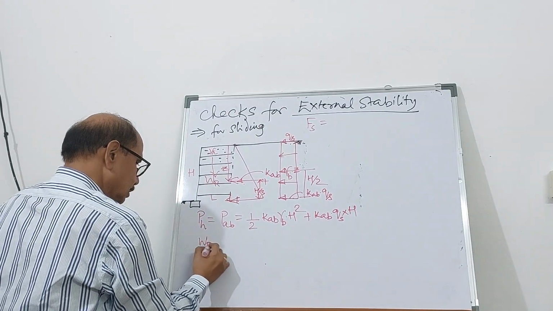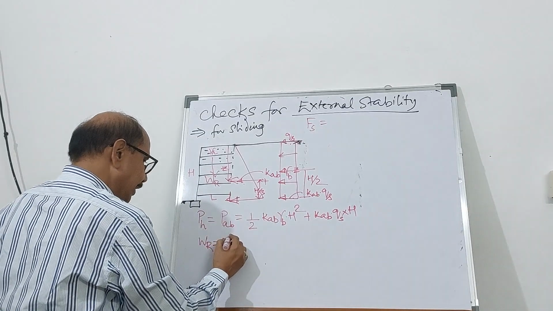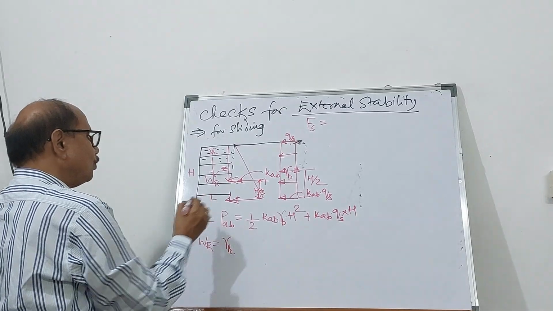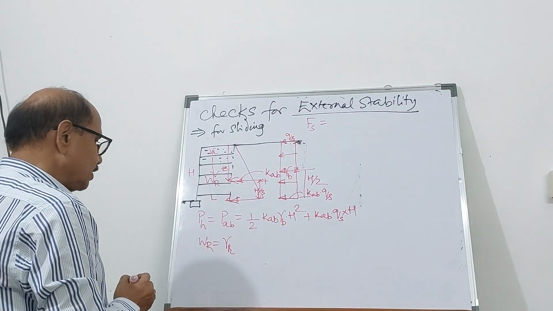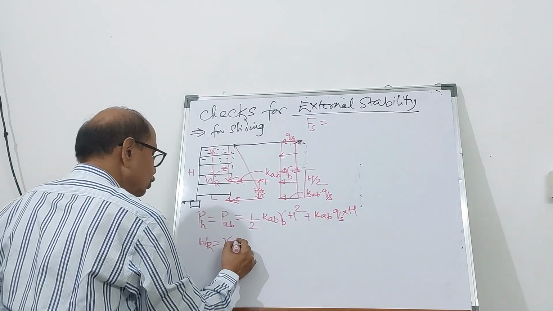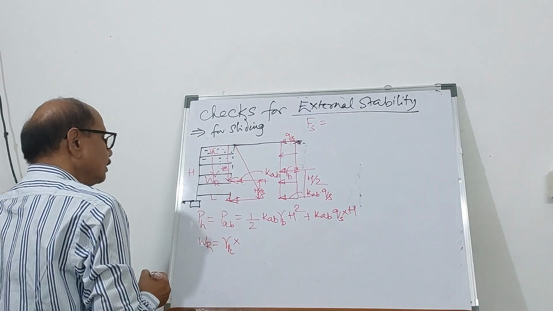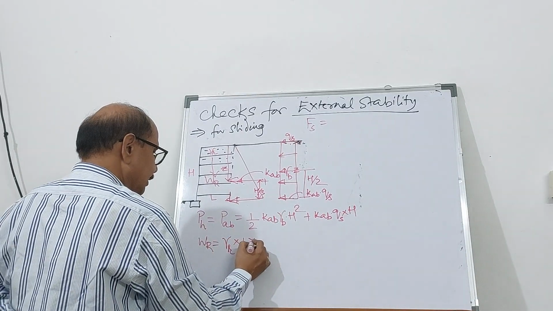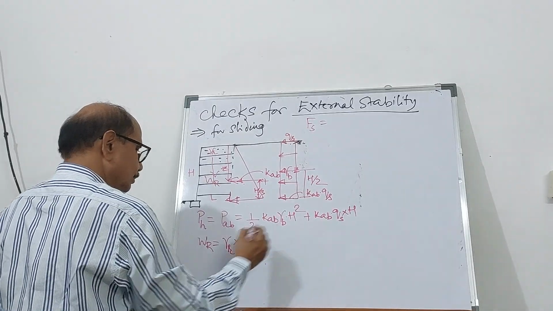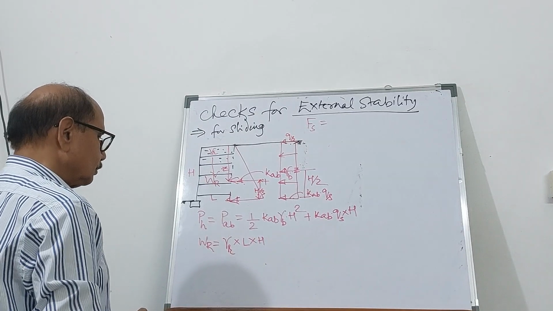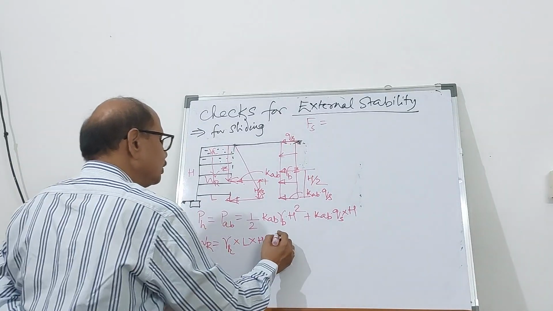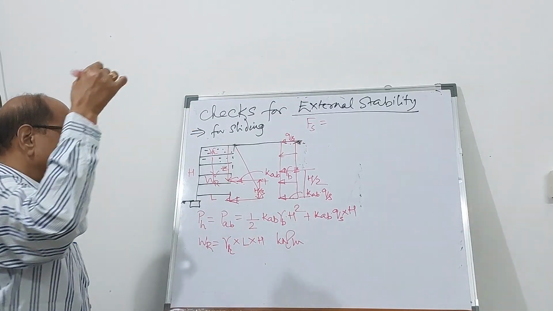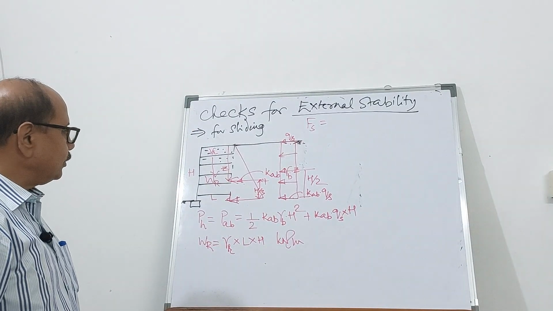WR will be the unit weight, gamma R for the reinforcing zone in kilonewton per cubic meter, multiplied by the length, multiplied by the height per meter. You get the kilonewton per meter length of the wall perpendicular to this. L into H.